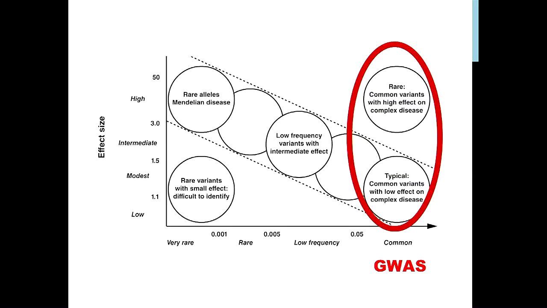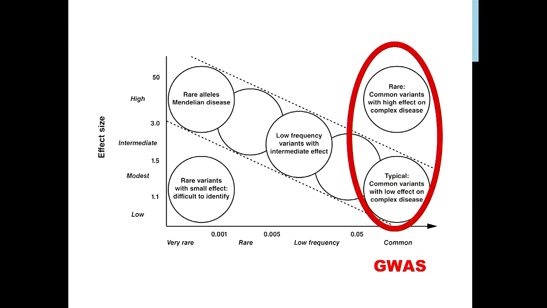But for the most part, many of those variants, if they're very extreme, had been identified before embarking on the era of GWAS, which was the early 2000s, after the Human Genome Project was completed. Along the x-axis here, these are common variants, and over here is very rare.